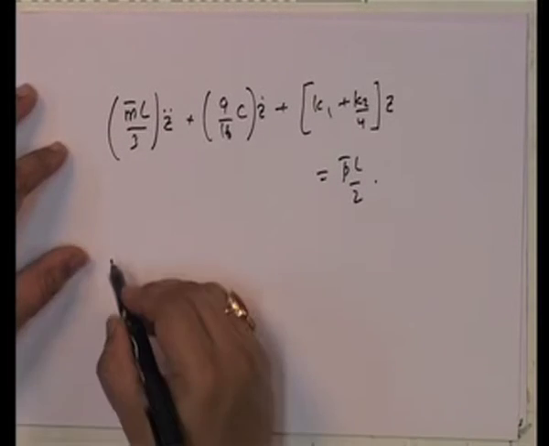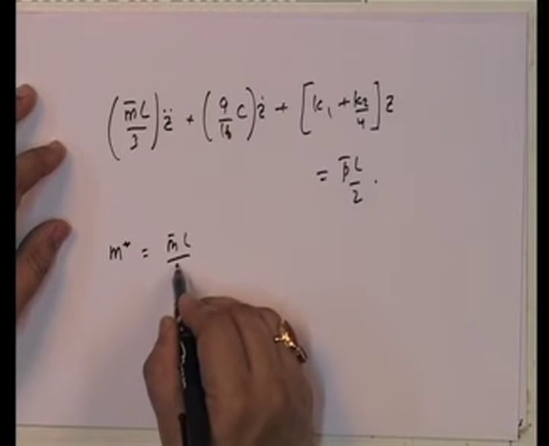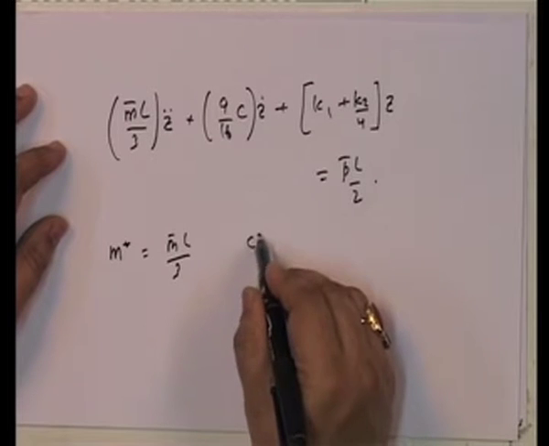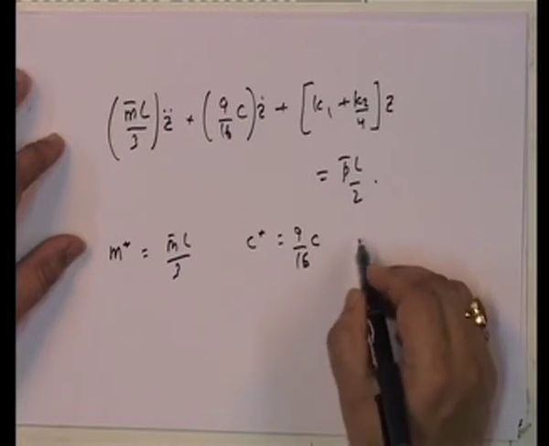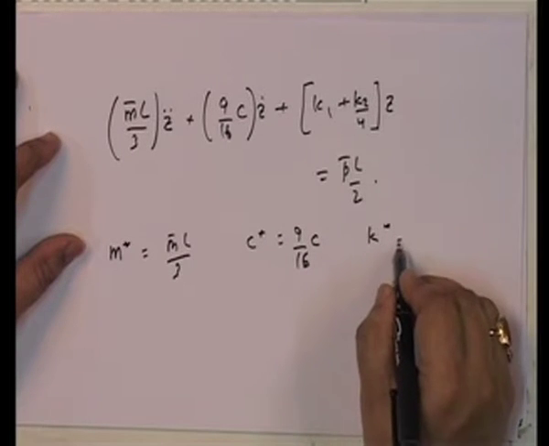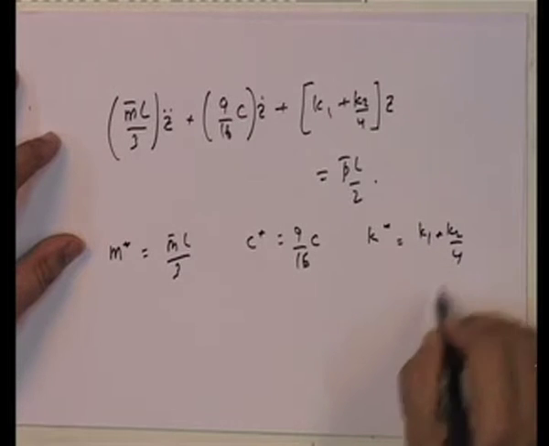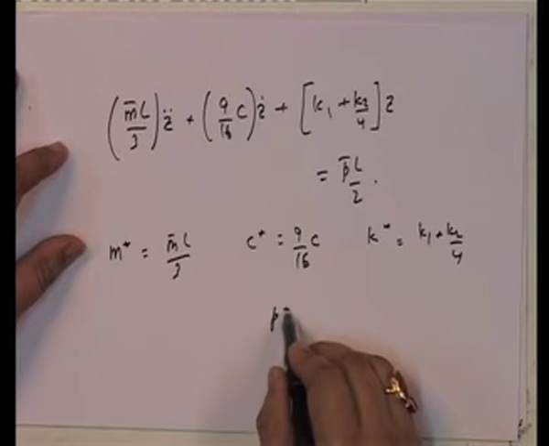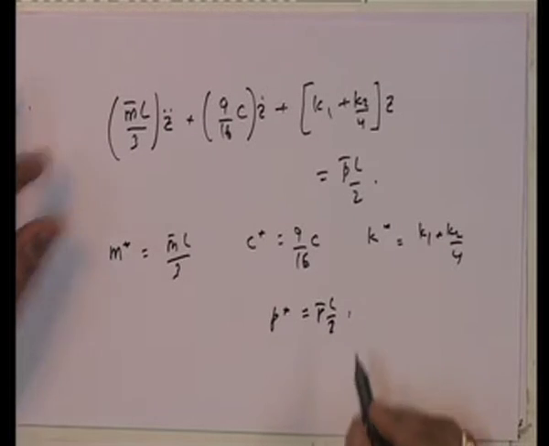Okay. So, what is m star? m star is m bar L by 3, c star is 9 by 16 c, k star is equal to k1 plus k2 by 4, and p star is equal to p bar L over 2.